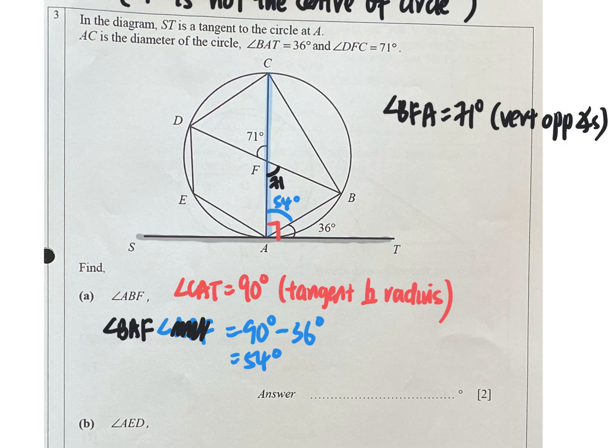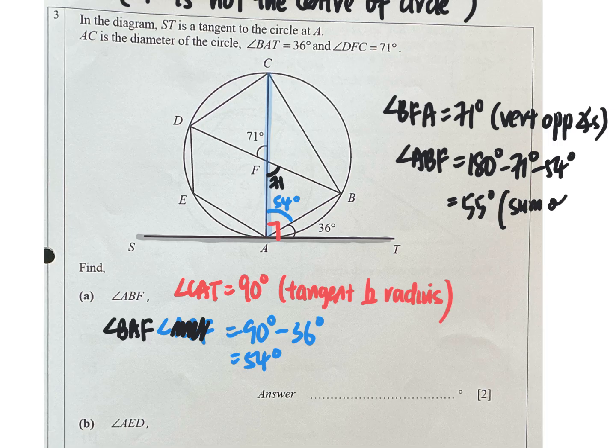And then I can find ABF now by using sum of angles in a triangle. 55. So this is sum of angles in a triangle. Now you know this is 55 already.